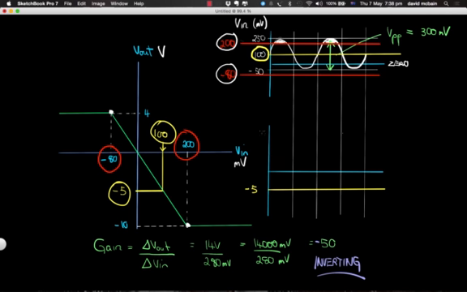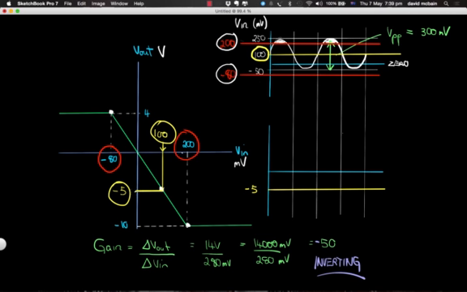Well, it's quite simple really. If we feed 100 millivolts into our graph, here's our input side, we go down to the line here and read off the output. Because this is halfway between 0 and 200, that would be 100, so this is going to be halfway between 0 and 10, which will be negative 5.